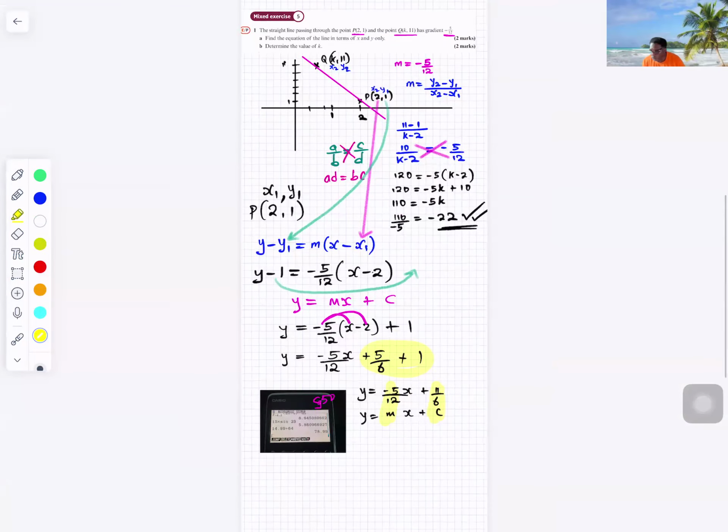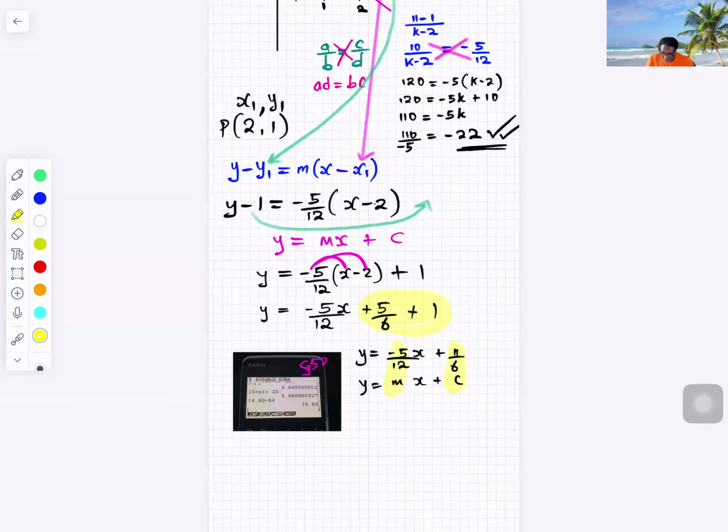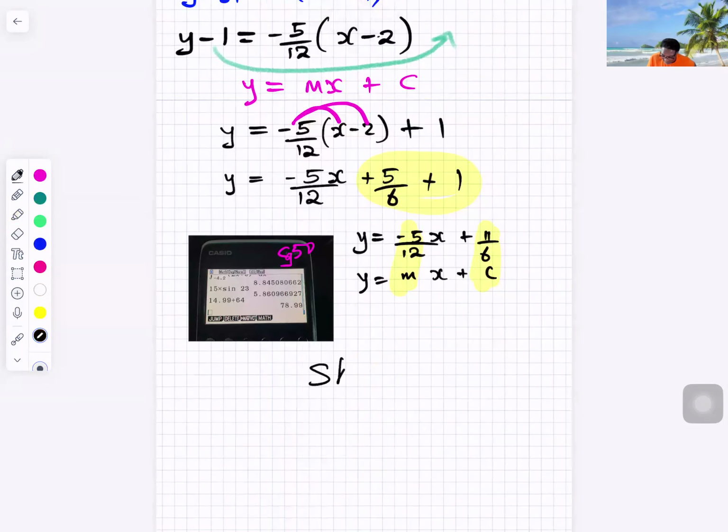So this is how you do questions like this for coordinate geometry. And to do well in A-level, you need to do lots of practice because it's a skill. You know what I mean by a skill? Yeah.